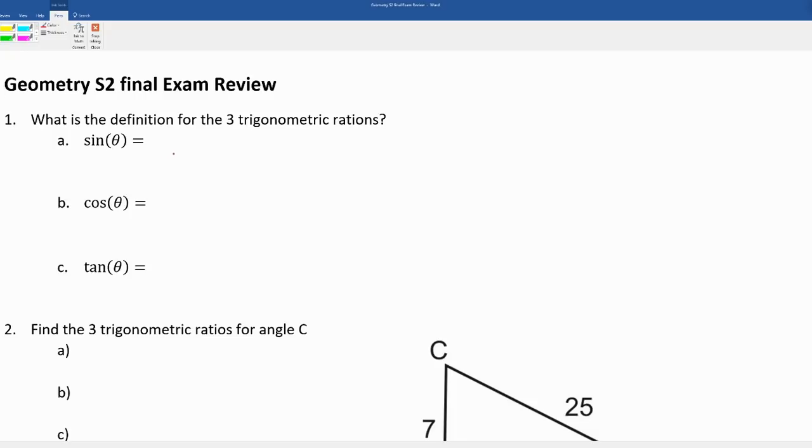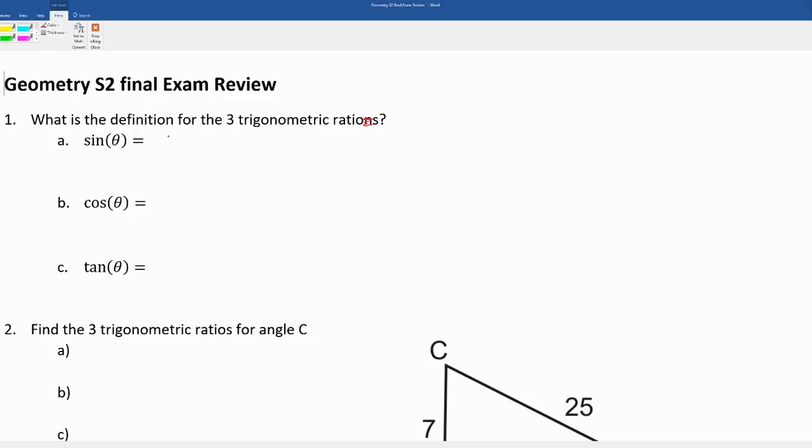Number one, what is the definition for the three trigonometric ratios? Sorry, that's supposed to be ratios right there, not rations. All right. So let's see. Sine of theta. Theta just represents whatever angle you're looking for, right? So it could be sine of A, B, C, whatever they call the angle.